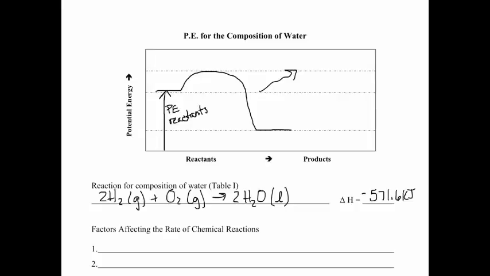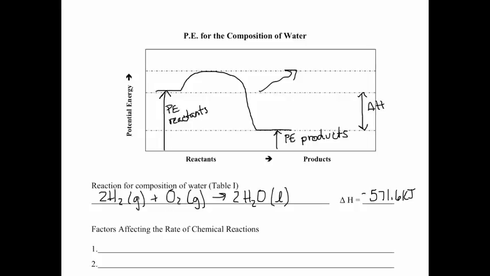And then over here, from 0 to our products will be the potential energy of our products. The difference between those two, and I can draw this anywhere I like. In fact, I'm going to draw it over here because I didn't draw a very large graph here and I'm going to need more room, is delta H. The difference between the potential energy of the reactants and the products is always delta H.